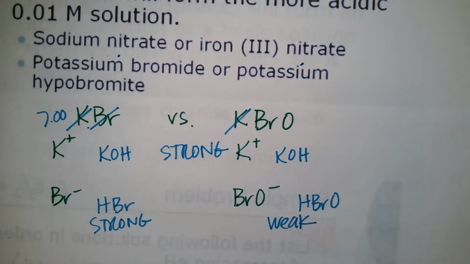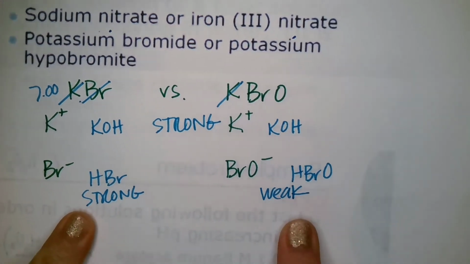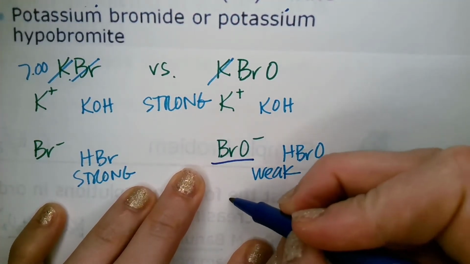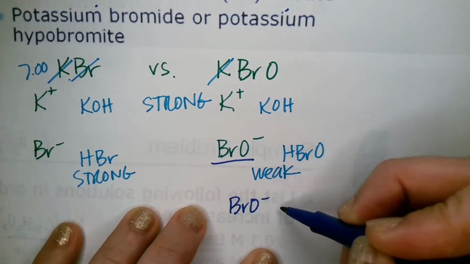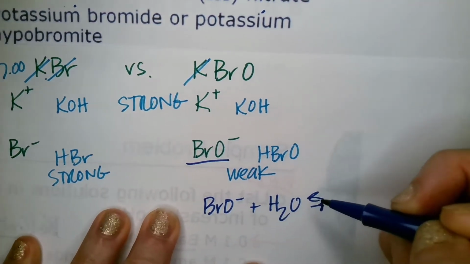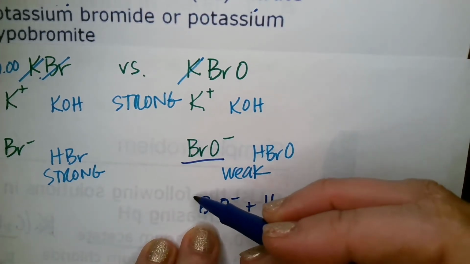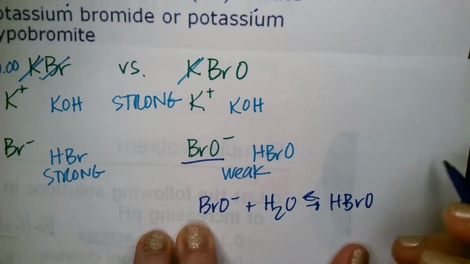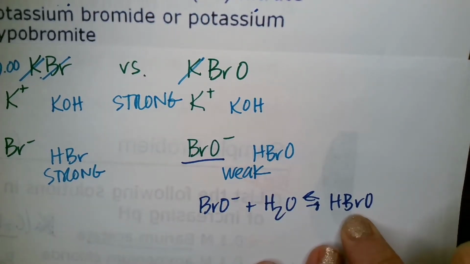So what is that going to do to our acidity? Well, let's go back and look at the chemistry. If I take my BrO- and it goes through hydrolysis, this BrO- is going to grab an H and form HBrO, that's the parent acid we were just talking about.